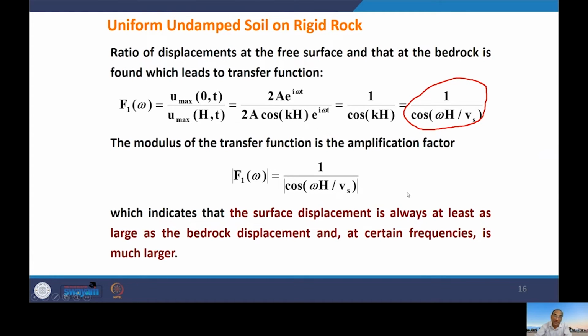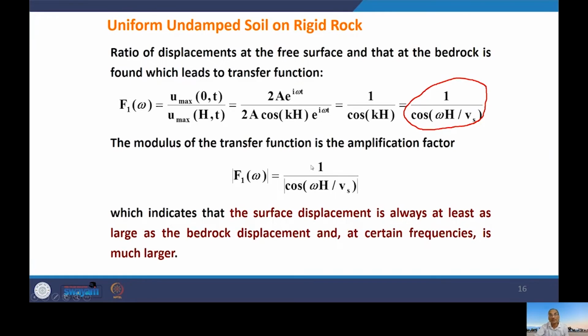One thing is sure: the denominator cos theta cannot be more than 1. It could be 0, it could be -1, or it could be +1. But even if it is -1, because you take the absolute value, you have 1.